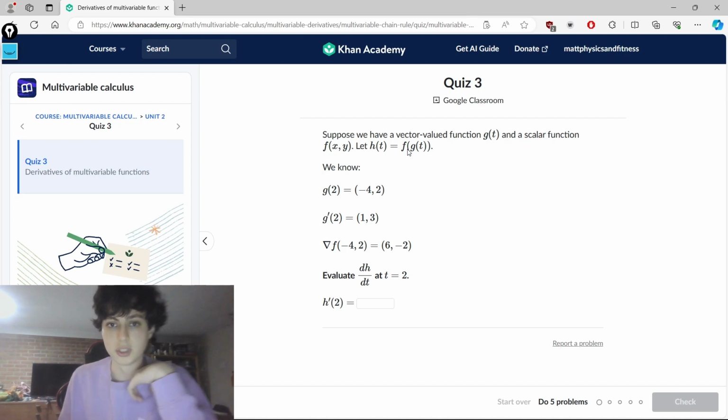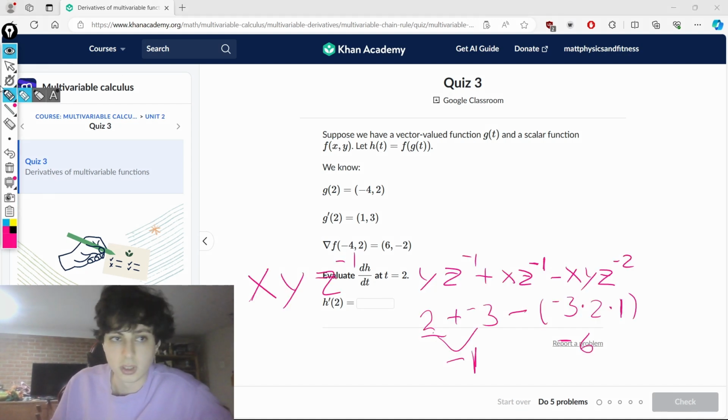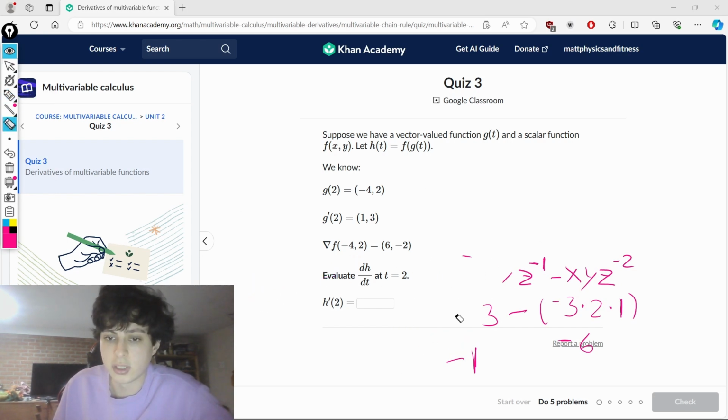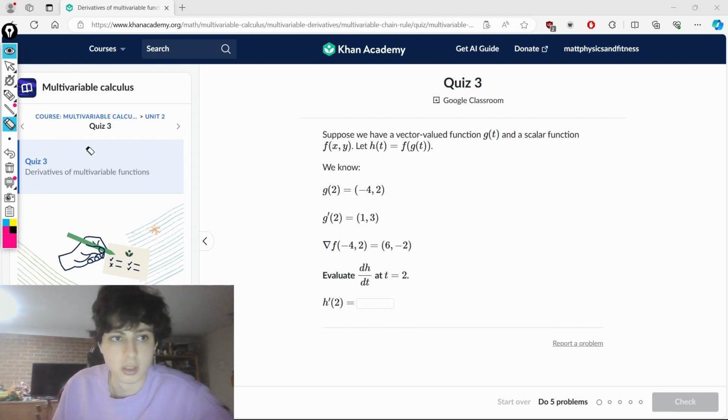Maybe we have to do some chain rule stuff here. h prime of t. If I'm thinking of a basic chain rule, I take the derivative of the outside function times the derivative of the inside function. That's how you do the chain rule normally, right?